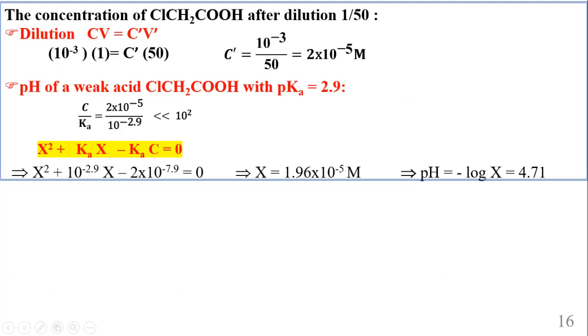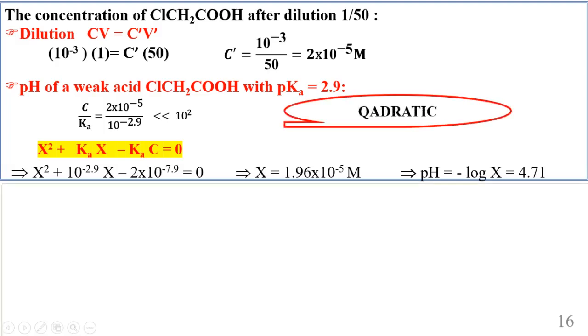Okay. So this is what we did before. We used the quadratic before, and we're not going to use the quadratic now. The reason is that my initial concentration, or my diluted concentration, the final concentration in the solution of this acid is less than 0.1 Ka.